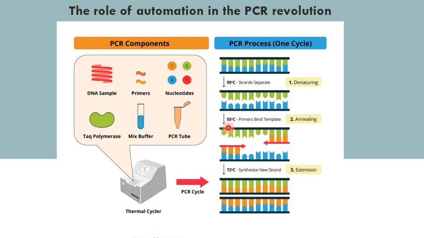Then you decrease it to 55, and then you increase it to 72 for the extension step, and you repeat like this until 35 cycles, for example, for the whole process of the PCR. Then you have your final product, or your amplicons.